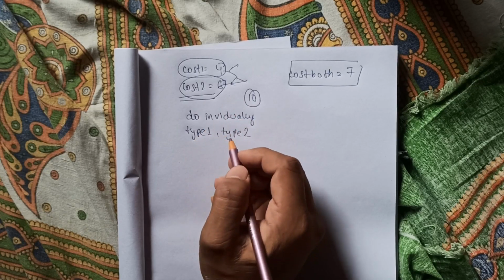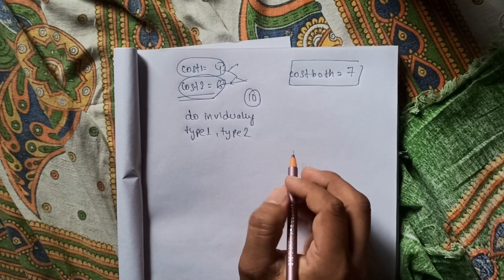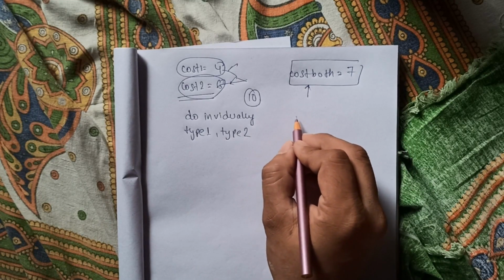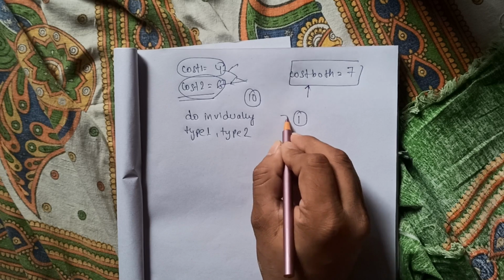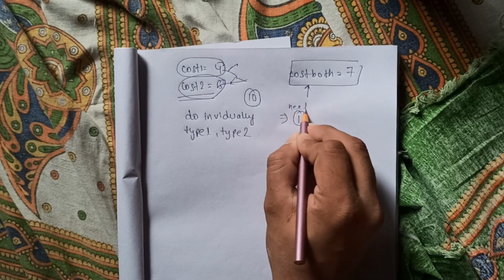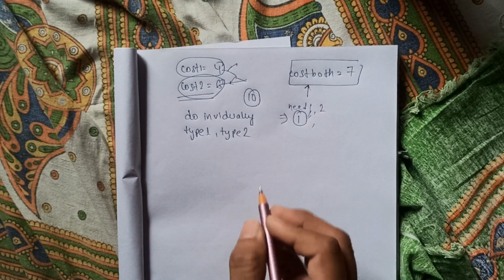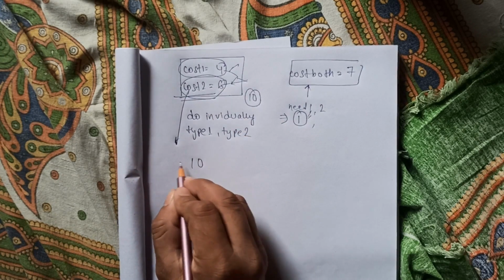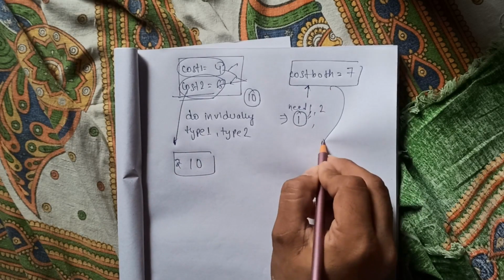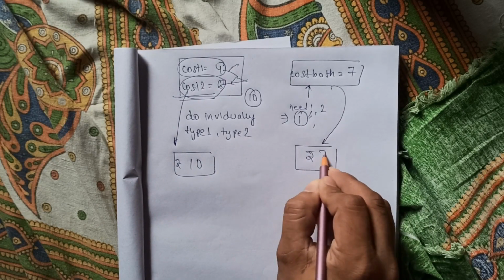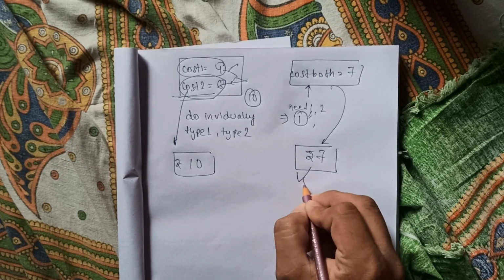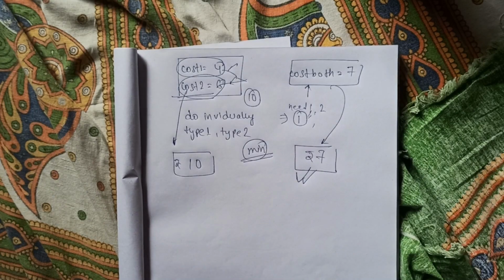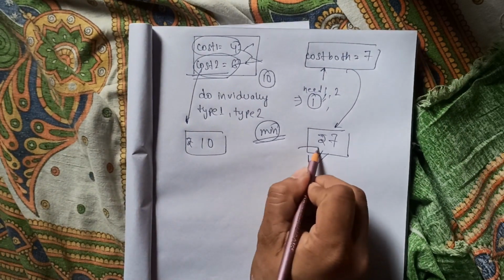Rather, if you use cost both, let's say need 1 and need 2 were both 1 only, the cost of the individual operations will be 10 rupees, and if you take cost both, the cost will be only 7 rupees. So it is better to use this 7, because it is minimum. You need to return the minimum value, you need to spend less money. So 7 will be the minimum.